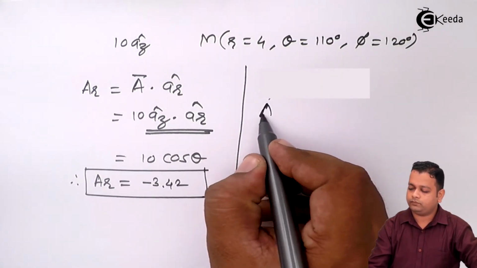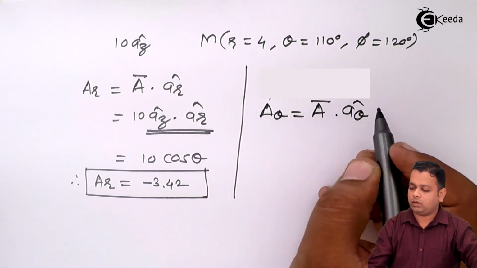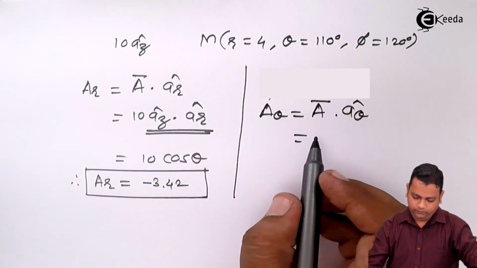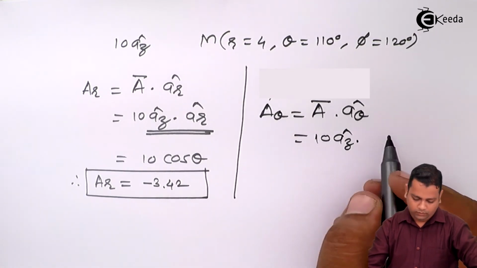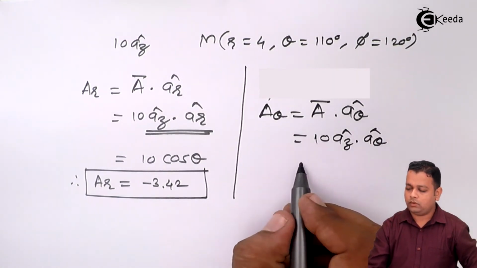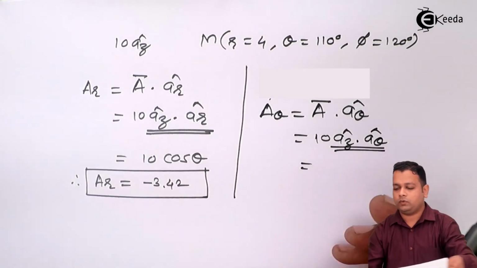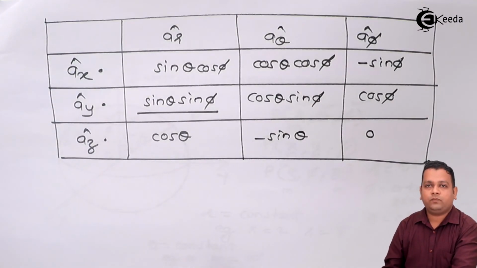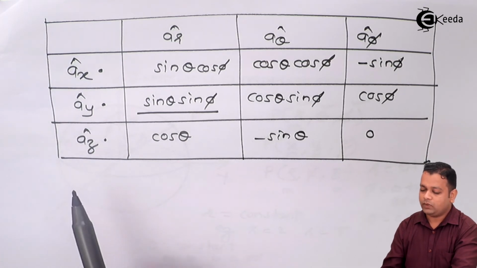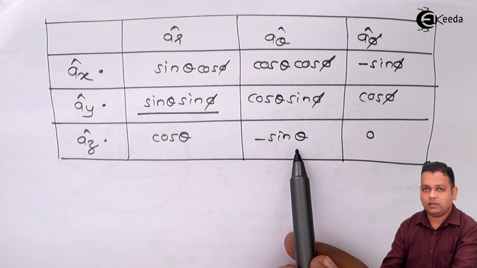Similarly, A bar dot A theta cap. So this is 10 AZ cap dot A theta cap. So to get the coefficient, we require the dot product combination AZ cap dot A theta cap, which is minus sine theta.